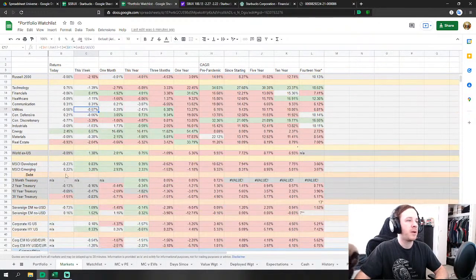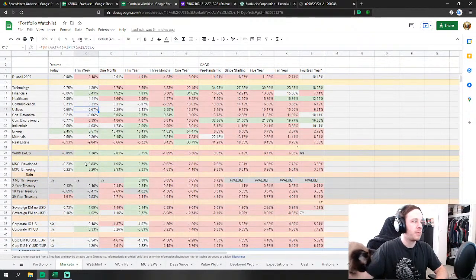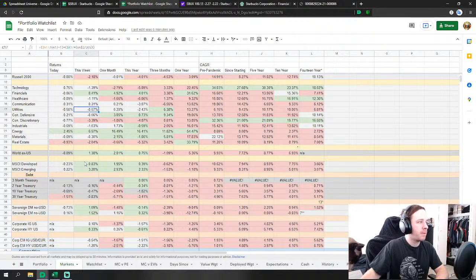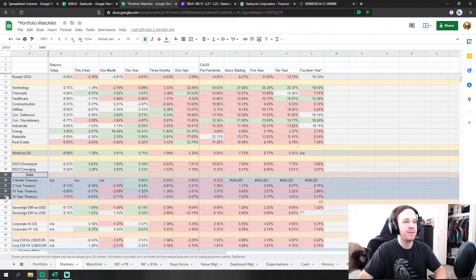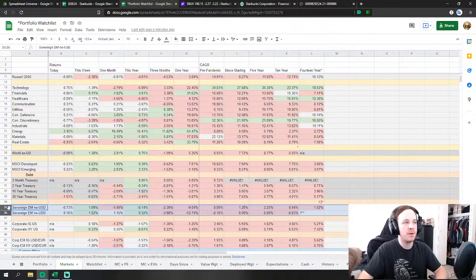And then below that, we also have bond returns of different categories. We have the U.S. federal treasury debt, as well as non-U.S. sovereign debt of developed markets as well as emerging markets.